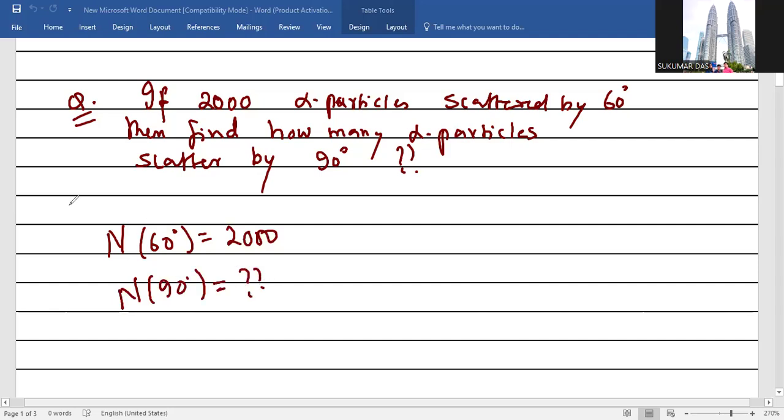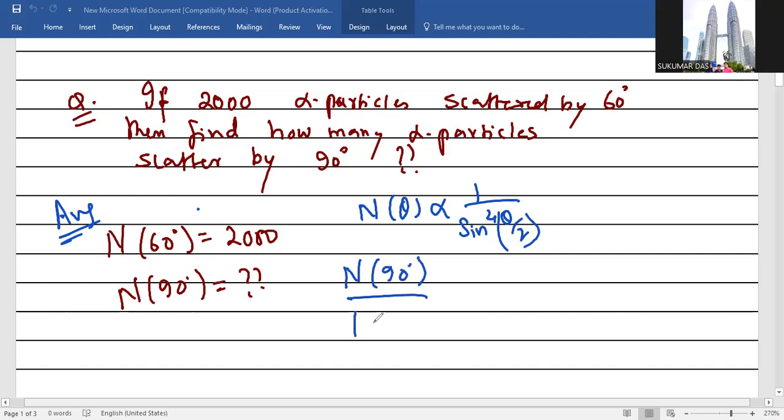We have to calculate this. Since we know that N theta is inversely proportional to sine to the power 4 of theta by 2, we write N90 by N60 equals sine to the power 4 of 60 by 2 divided by sine to the power 4 of 90 by 2.